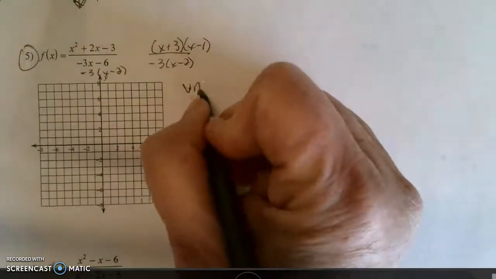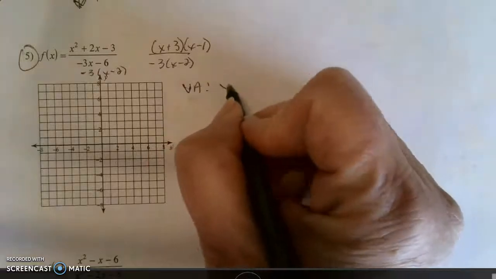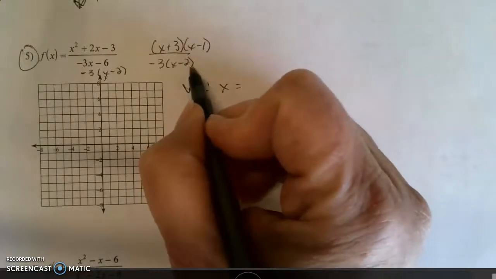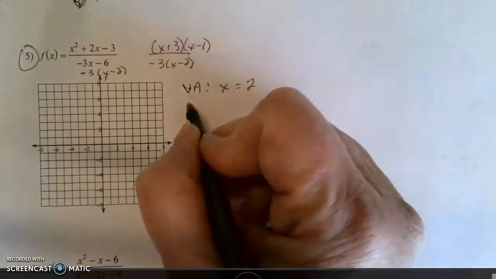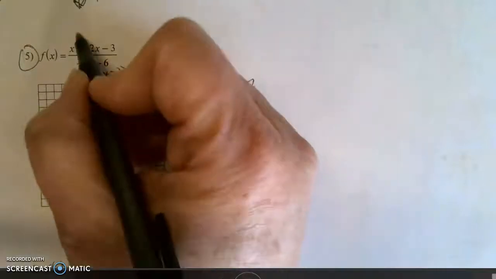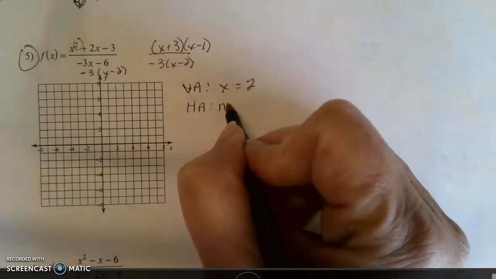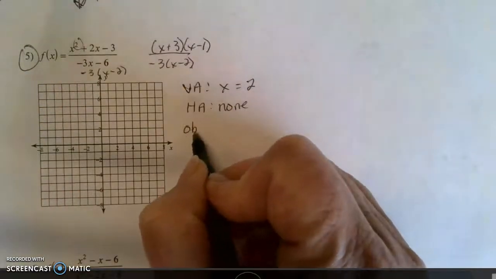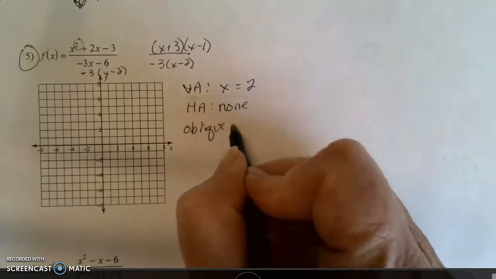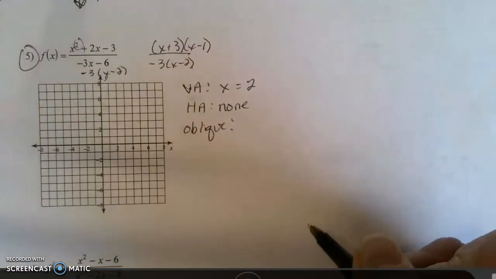So let's start with the vertical asymptote. Setting that equal to 0. Horizontal asymptote. This is bigger, so there's none. I'm going to find an oblique asymptote by doing long division.